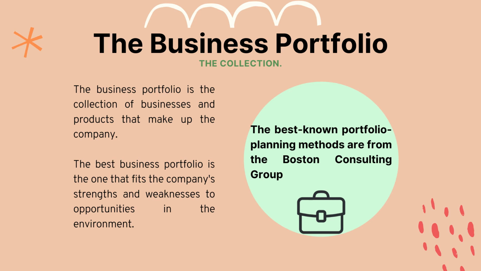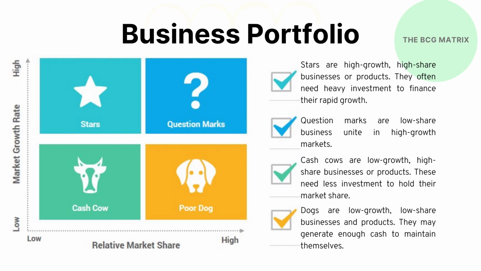So let's see. Okay, so this is the Boston Consulting Group box. Here you have it. Maybe you have seen it before or you've heard about it before, but it is not complicated. It's basically a matrix, but we just need to understand its elements, okay?